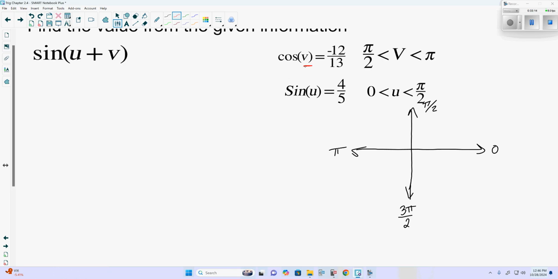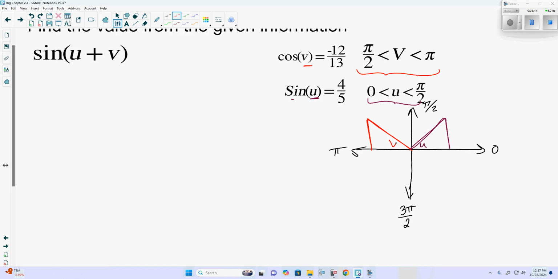Angle V is between pi over 2 and pi, so we're over here in the second quadrant. U is between 0 and pi over 2, over here in the first quadrant. U and our V. Well, we can go on and find V first.